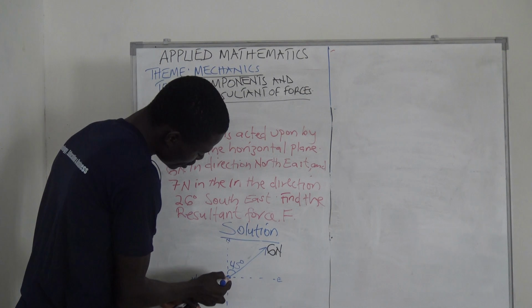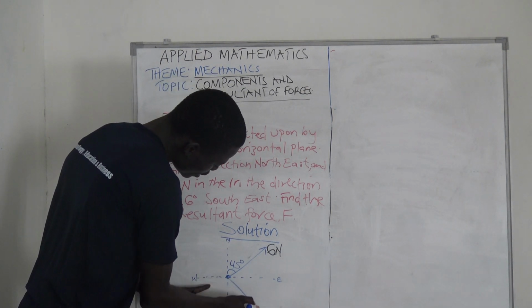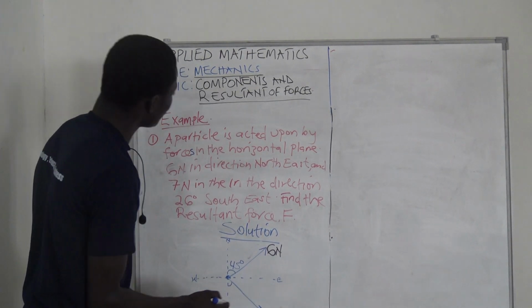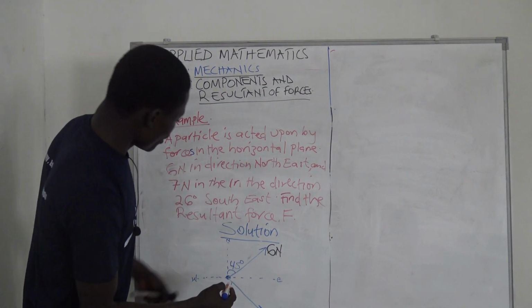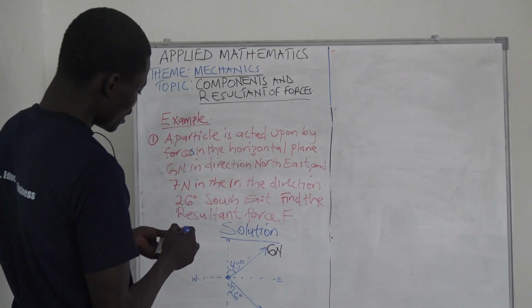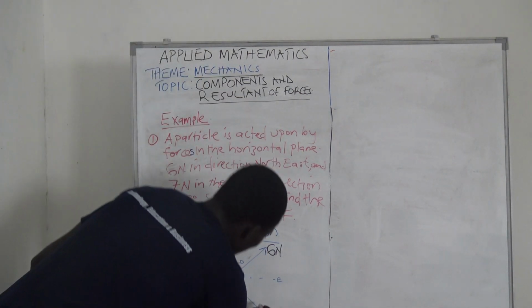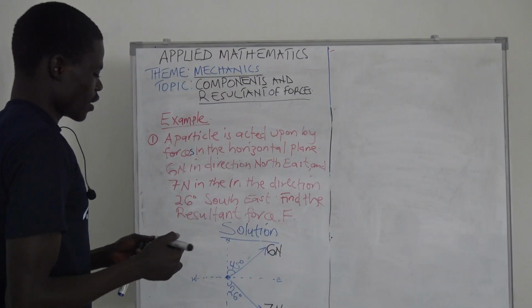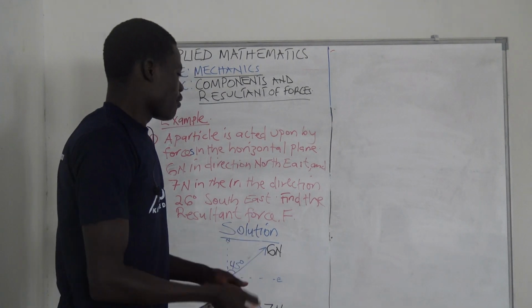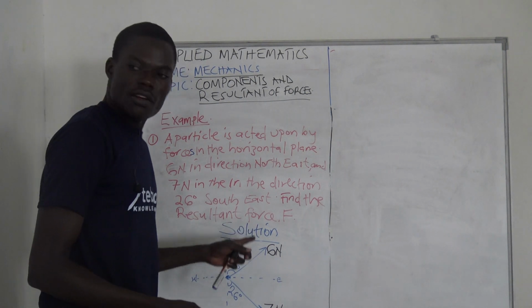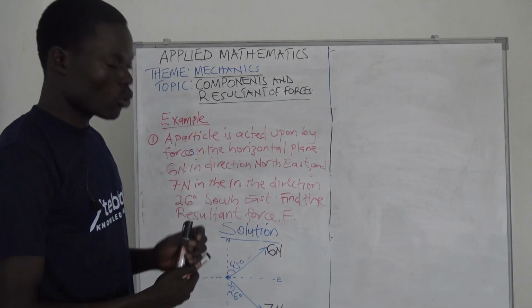So we are moving from south to east, and this angle is 26 degrees. That force is 7 Newton. So the question is, find the resultant force F on the particle.